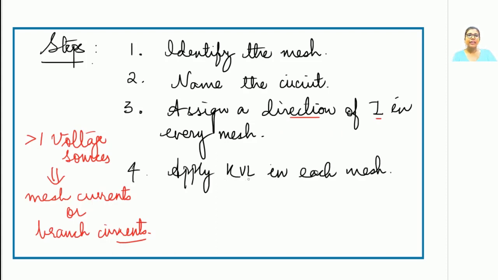Now how do you apply KVL in each mesh? What does KVL say? KVL says that the summation of the voltage drops across each element around a closed path should be equal to 0. That is, summation of I into R is equal to 0, or summation of the potentials, or the voltage sources present in the circuit, is equal to 0.